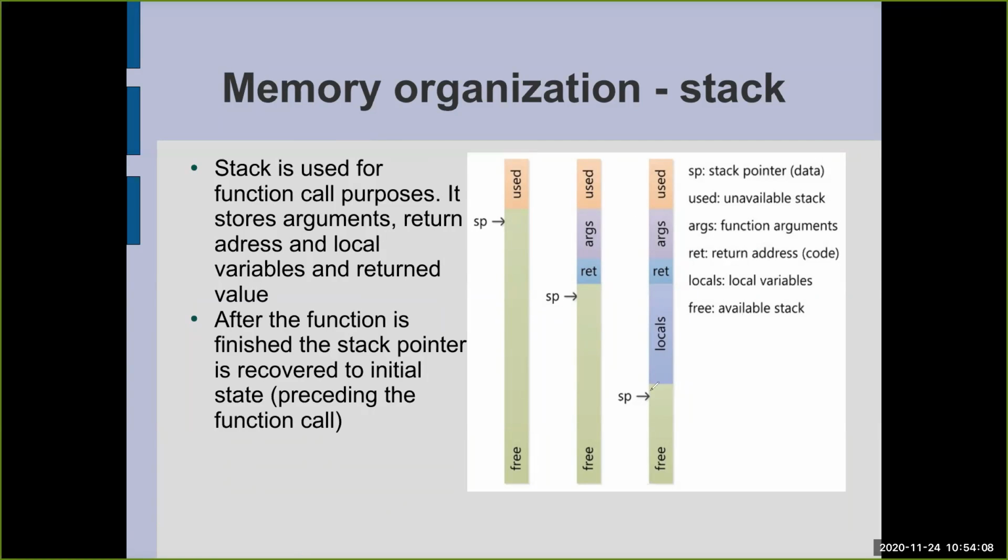I told you how the stack works, so what are the elements which are stored on a stack when we call a function. Look, here you have the stack pointer. When I call a function, I allocate memory for arguments and the returning value, and the stack pointer is moved.